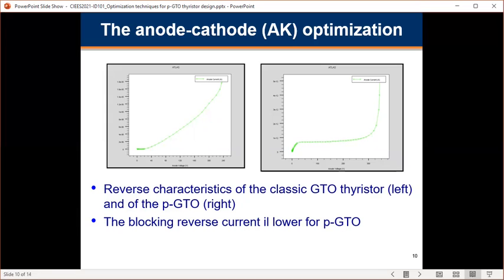The new GTO has an increased breakdown voltage of 340 volts compared to the classic one, 240 volts. And also, the characteristic shows that for the blocking region, the reverse current is lower for the P- GTO, which is a good thing, is desirable.